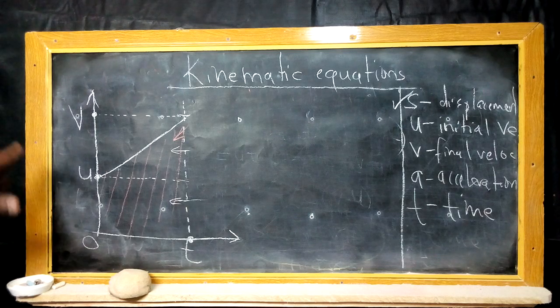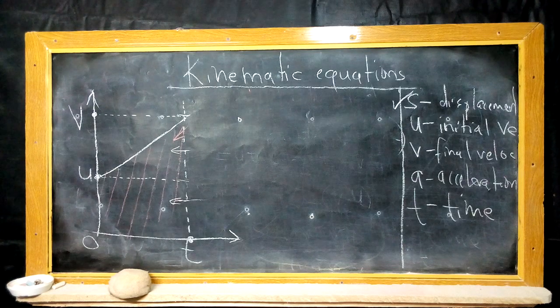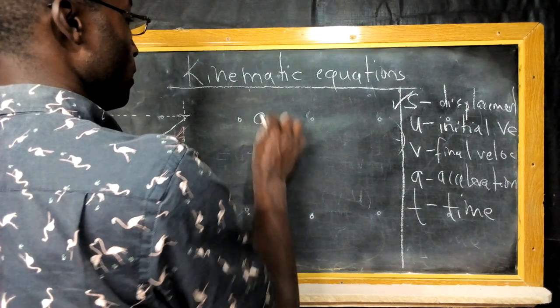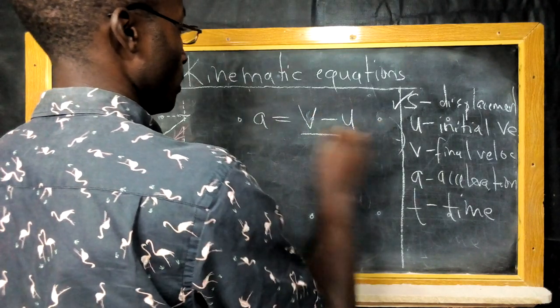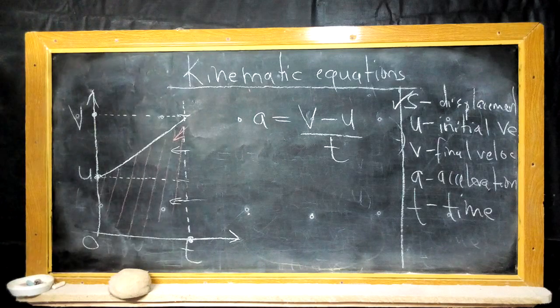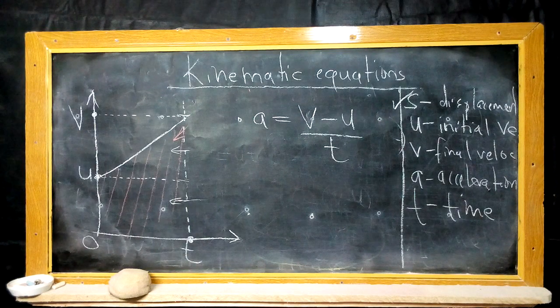Now in this case, for a velocity time graph, the gradient will give us acceleration, and acceleration, as we said, is change in velocity, which is final velocity minus initial velocity, divided by time. So that is an equation that is going to be applied.